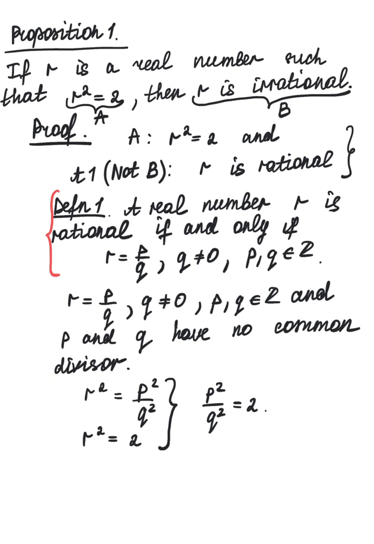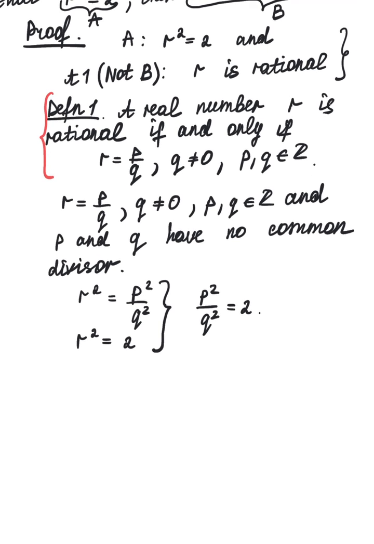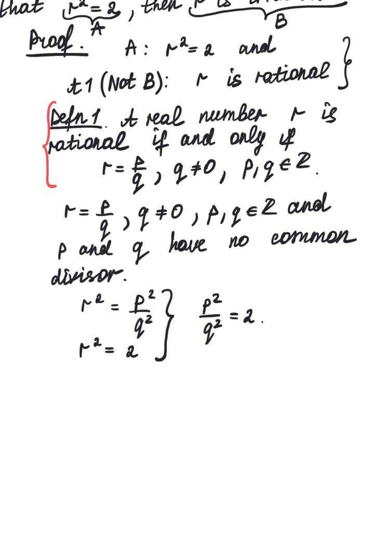Now let us do some algebraic manipulations to reach the desired contradiction. We can multiply both sides of the last equation by q squared. So we get p squared equals 2q squared.